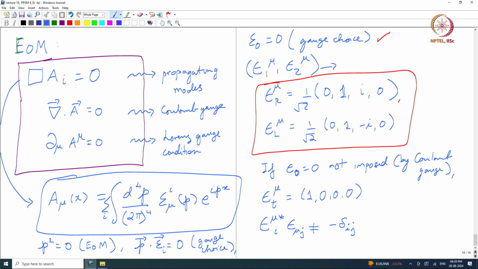But that is not all, this is a time-like vector, agreed, and we know that time-like vectors are unphysical, right. So, by imposing the Coulomb gauge I have also avoided introducing these unphysical degrees of freedom that could potentially have been in the problem. Okay.